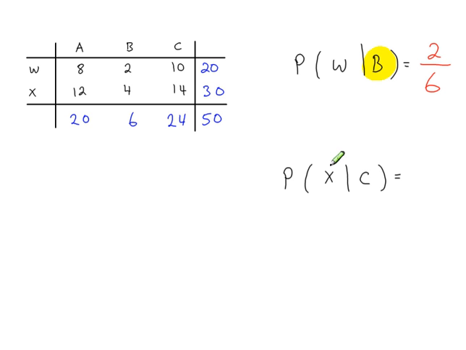The probability that event X happens, given that C has already happened, so let's start off with the one on the right hand side. Here's event C. The total for event C is 24, so we know the probability is something out of 24. Event X is in this row here, and where do these two meet up? On the 14.